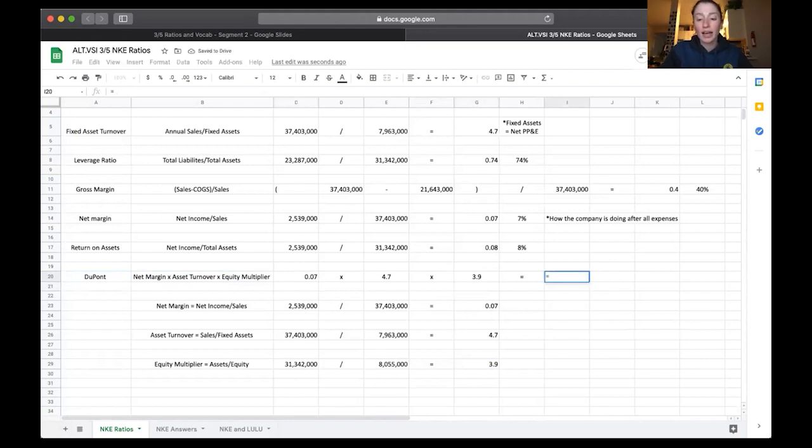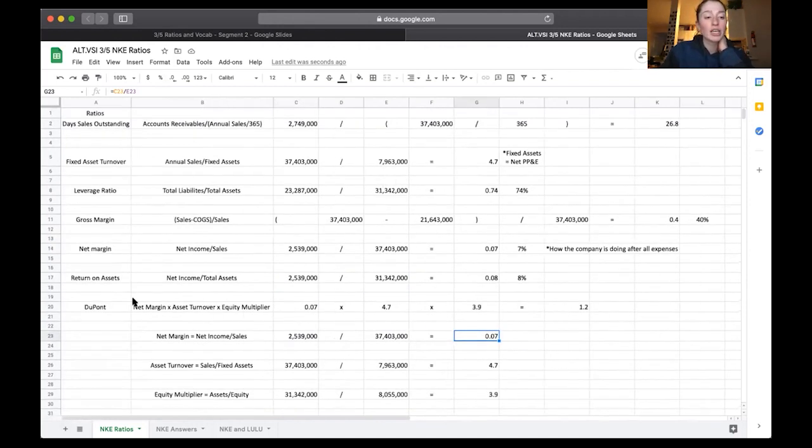Then to solve it, I press an equal sign, click the first cell, which is net margin, multiplied by your asset turnover, and then multiply that by your equity multiplier. And so you end up with a DuPont of 1.2. So again, I did it the same way of referencing cells because if you want to do the problem for a different company, it's very easy. You just have to change these numbers and it automatically will change the answers. So it saves a ton of time.